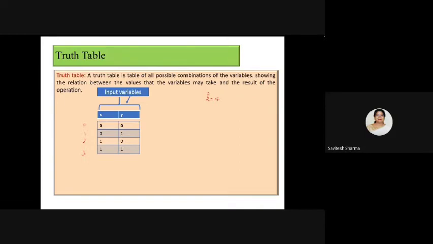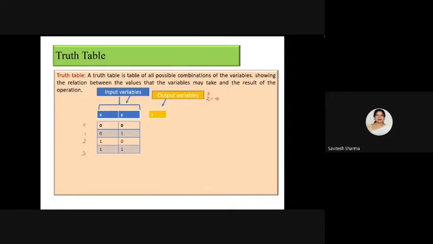Here I am showing you the example of two variables x and y. Then based on the possible combinations you will decide the z. So based on the dependency on the input variables, your output variable will be decided. There may be a single output variable or multiple output variables.